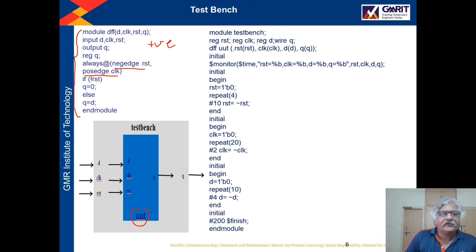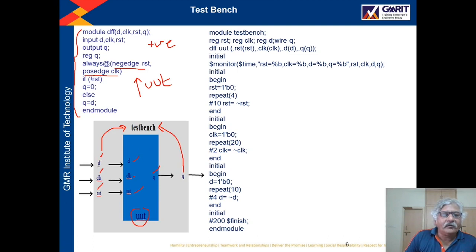This is the unit under test. It has the ports D, CLK, RST and Q. Now in the test bench I am using the same names, D, CLK, RST. These are the ports of the test bench. And here this Q is the port of the test bench.